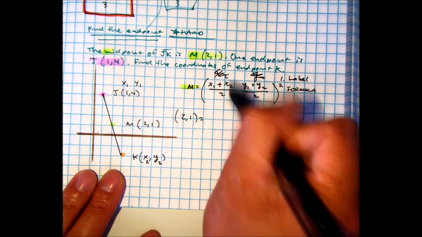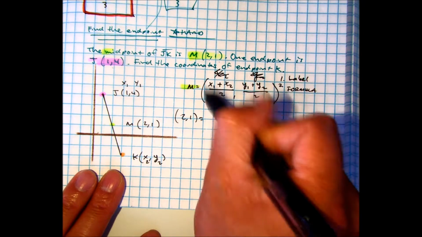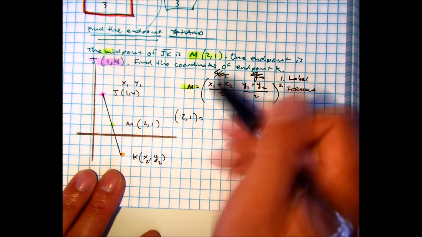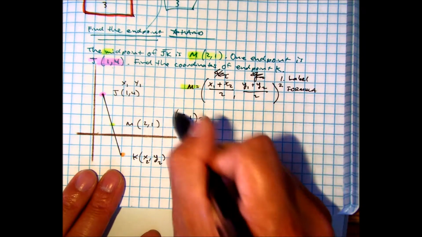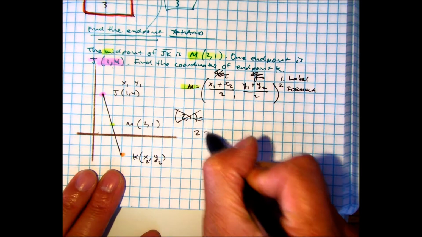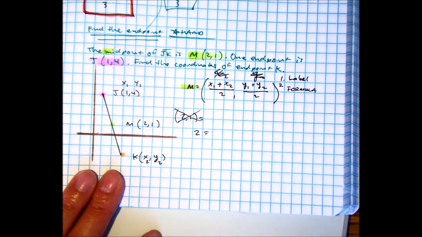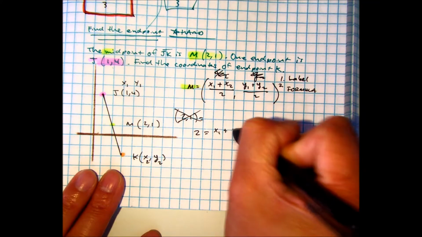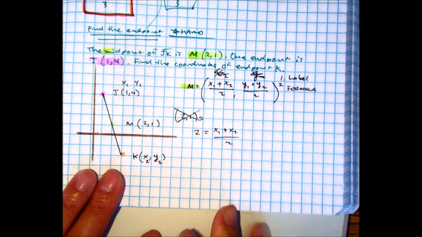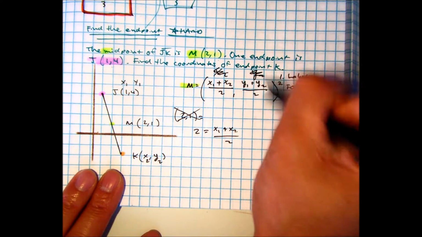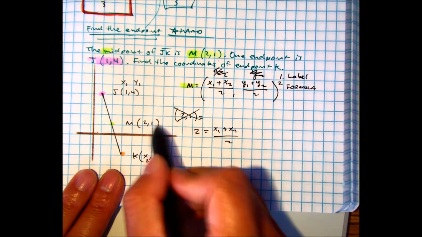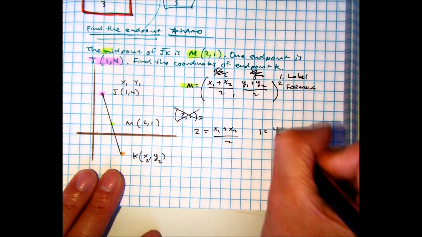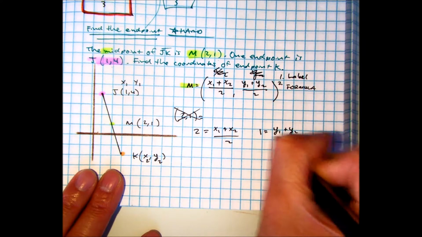So here, if I do my substitution, all of this is going to be equal to 2, because these are the x coordinates. So 2 equals x1 plus x2 over 2. And the second is my y coordinate, my answer is going to be 1. So that would be y1 plus y2 over 2.